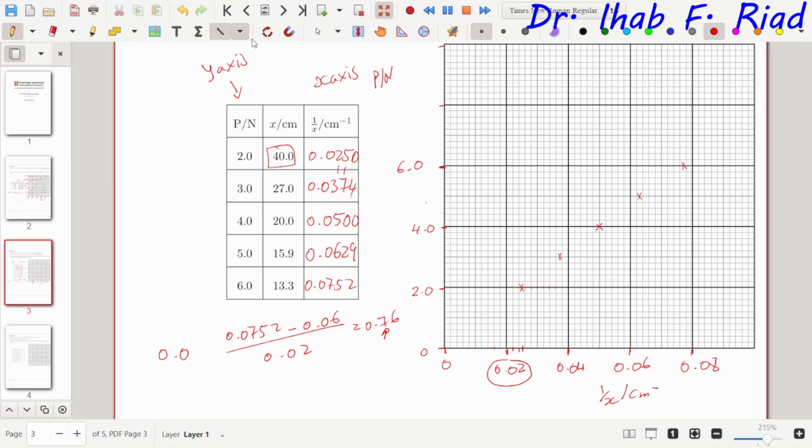Now let us make a graph. We know that it passes through the origin. So we need to make sure that it passes through the origin.